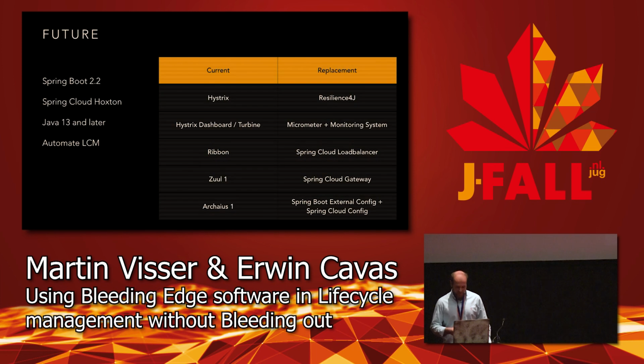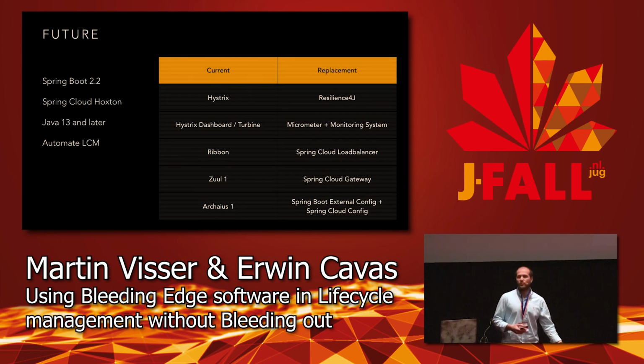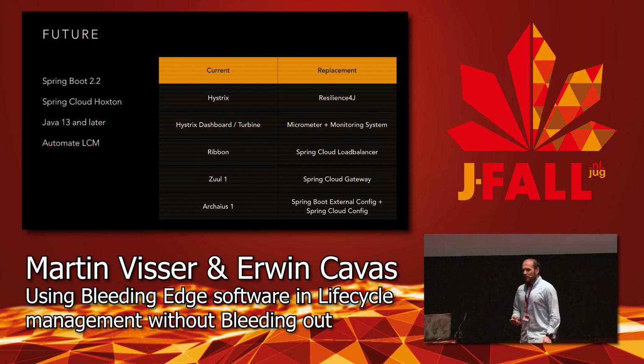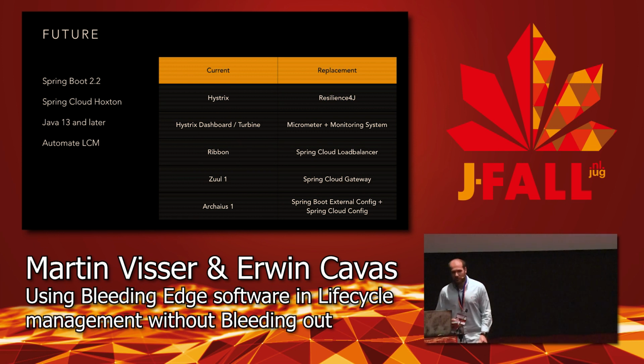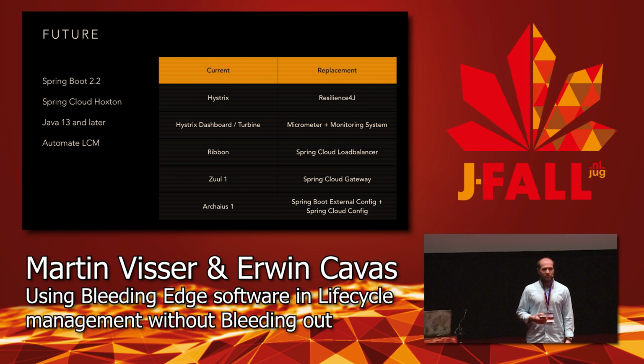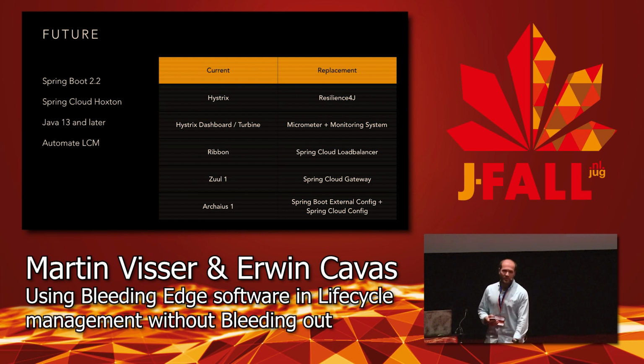Looking at the next table, these are all the dependencies that we either have or will still be migrating to. We have already migrated to Spring Boot 2.2. And if you look at Hystrix, we have rewritten one of our applications, which is not the Edge service by the way, to use Resilience4j, and we're still experimenting with that.